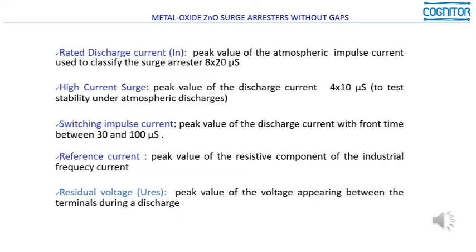And if you look line by line at the specifications in the standards, there are several different values which correspond to several different types of discharges that the surge arrestor should support to attain that curve that we saw in the previous slides.